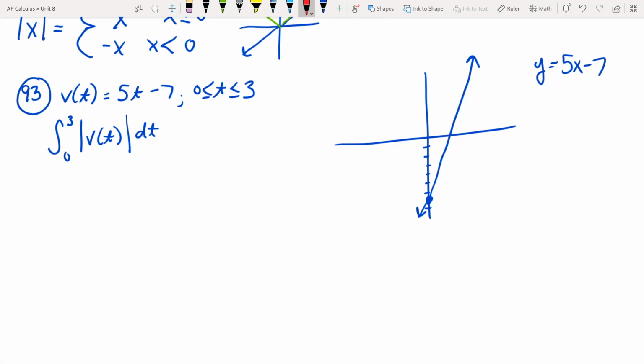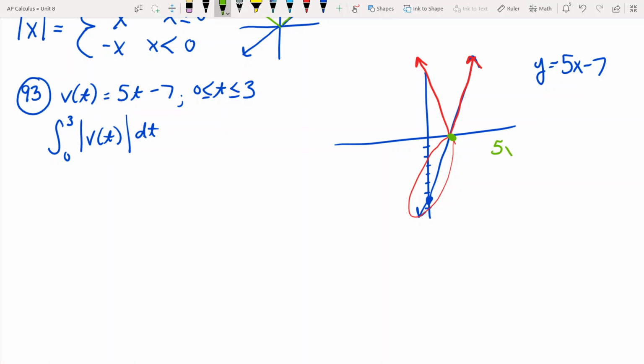If I want the absolute value, everything that's positive is still going to be positive, but whatever's negative is going to have an x-axis reflection. So this piece down here is going to have an x-axis reflection. The question is, where did that change occur? What is this point right here?